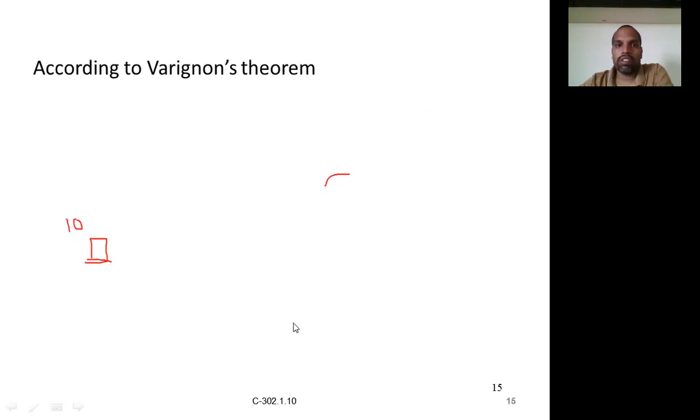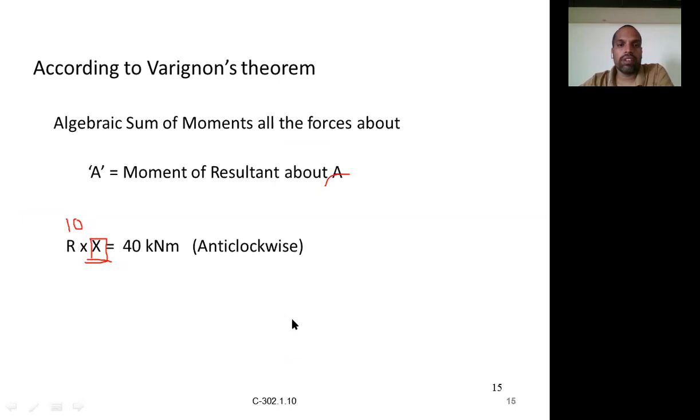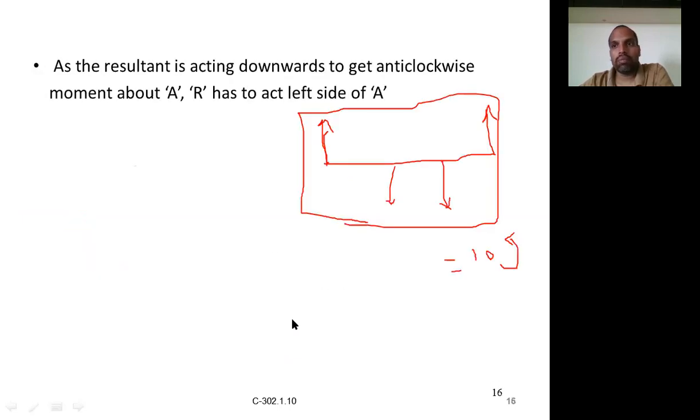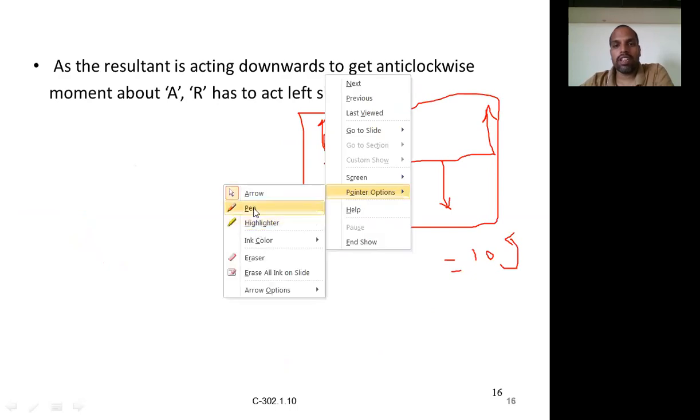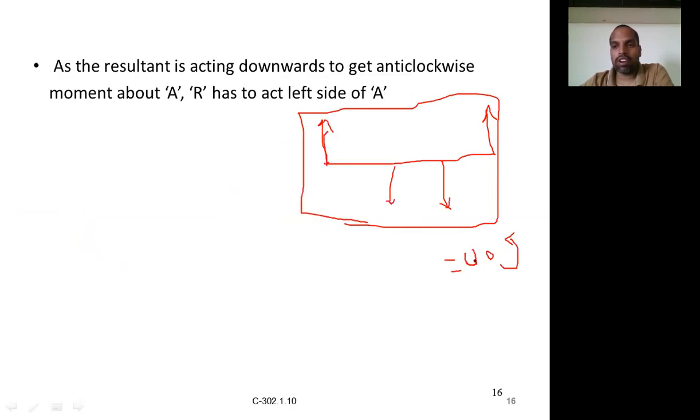Similarly, the resultant also shall create an anti-clockwise moment, then only the effect will be the same. The resultant moment also shall be anti-clockwise. As already discussed, the algebraic sum of moments is equal to 40 kilonewton meter anti-clockwise.